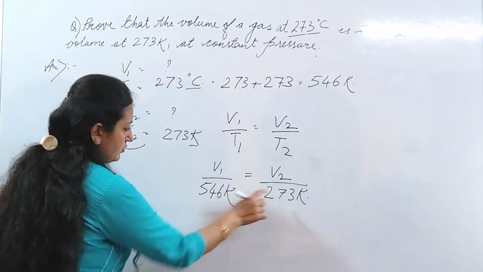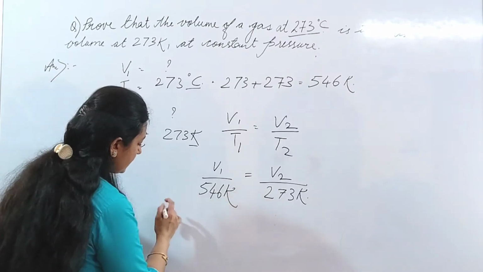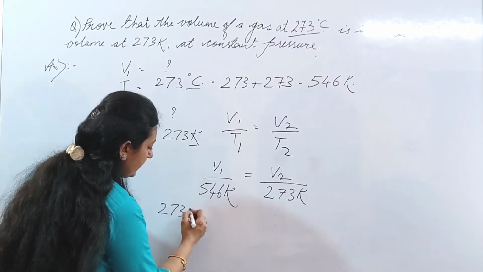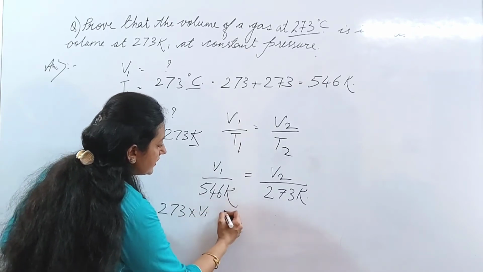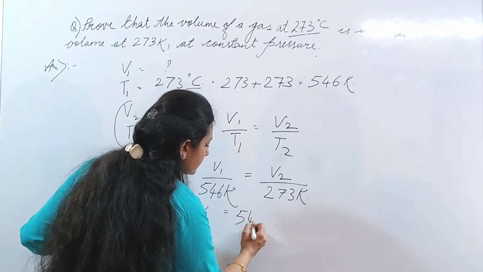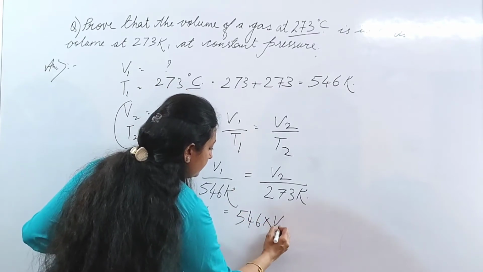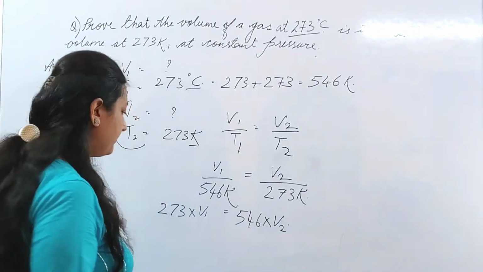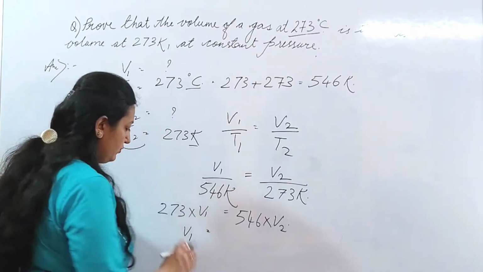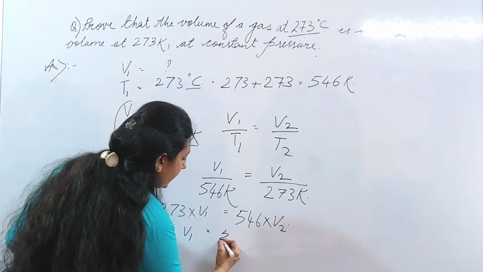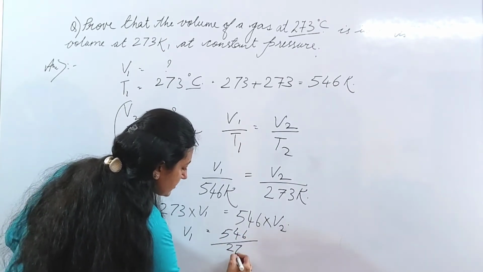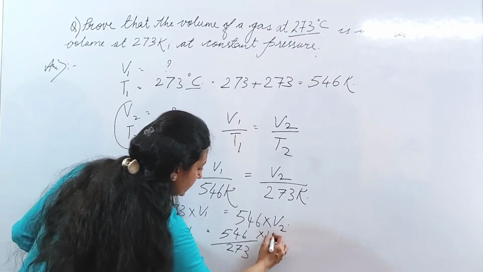Okay. Now 273 into V1 is equal to 546 into V2. Okay. So V1 is equal to, this would go here, 546 by 273 into V2.